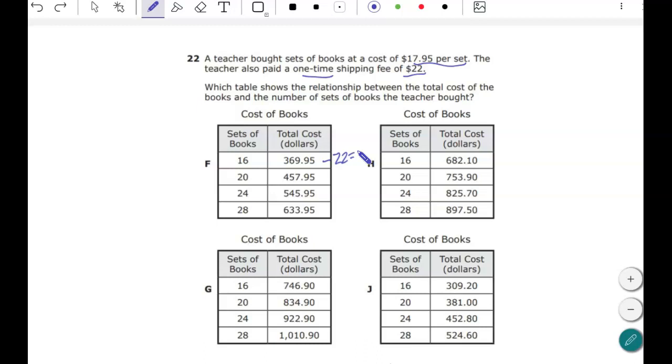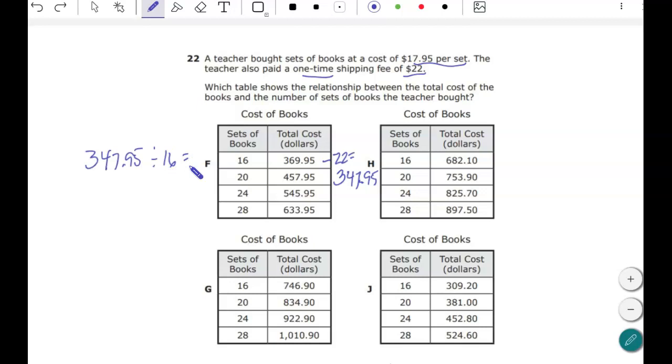So what this table is saying is $347.95 for 16 sets of books. So you would need to divide that by 16 to see if it comes out to $17.95 per set.